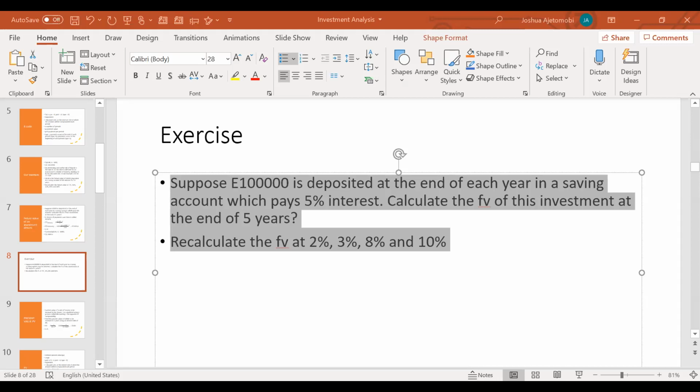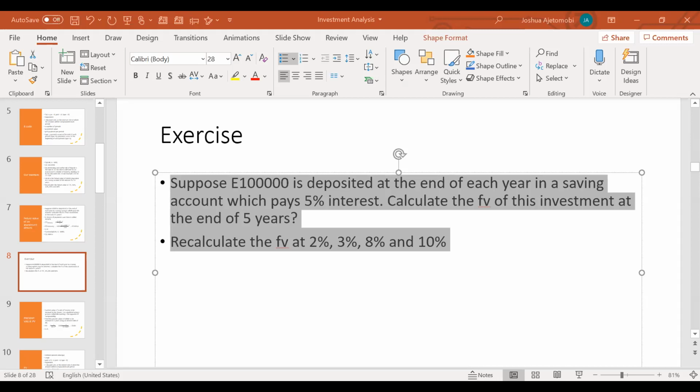Let me do it and be sure we're on the same page. For 8%, the correct answer is 586660.1.